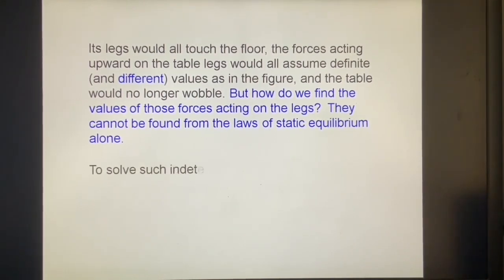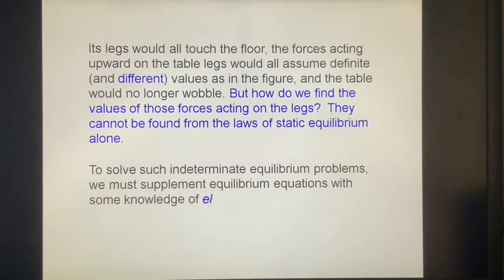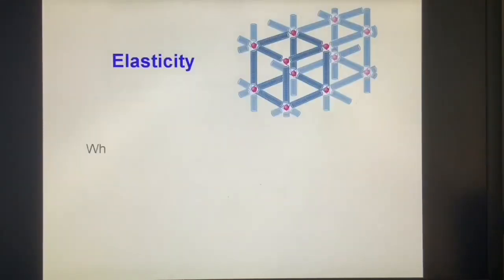To solve such indeterminate equilibrium problems, we must supplement equilibrium equations with some knowledge of elasticity, the branch of physics and engineering that describes how real bodies deform when forces are applied to them. Elasticity.